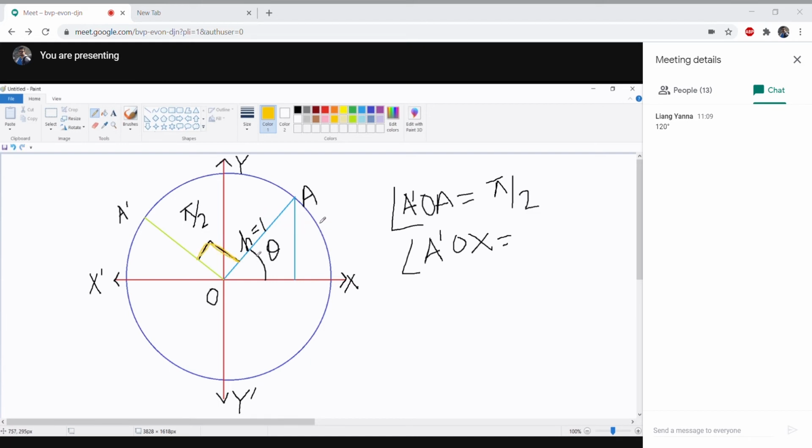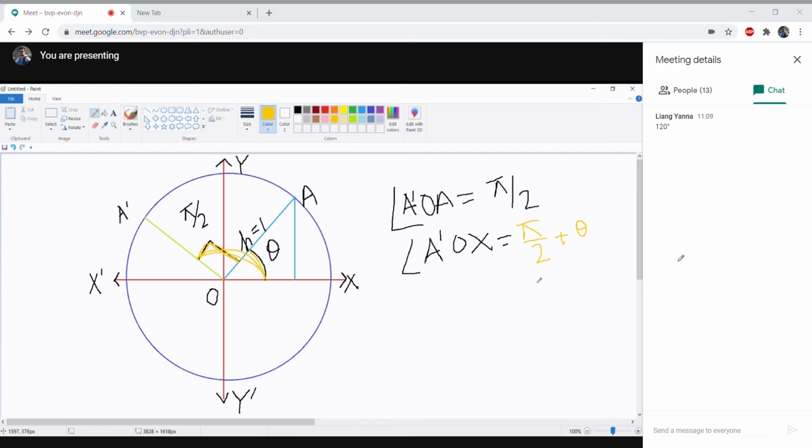That means pi by 2, and this angle is theta. So what will be the total angle? It will be pi by 2 plus theta, right?